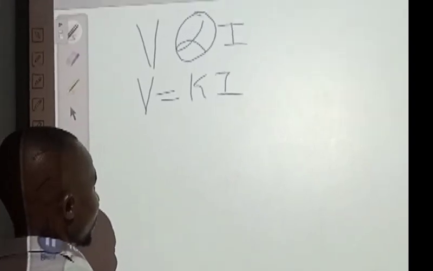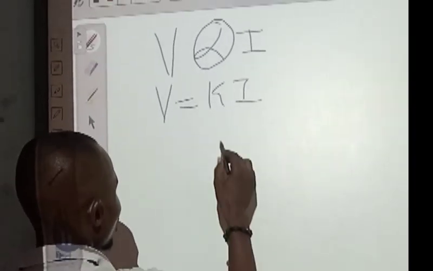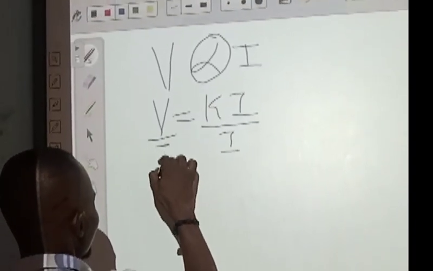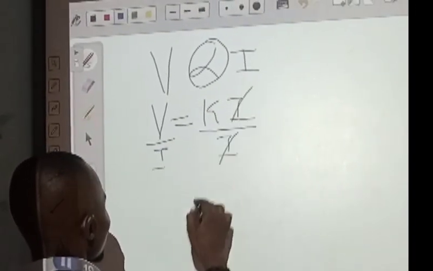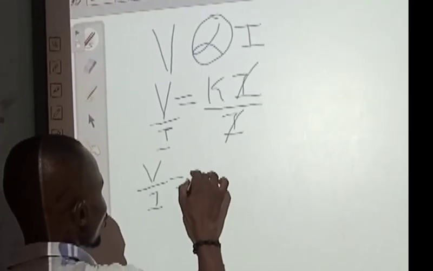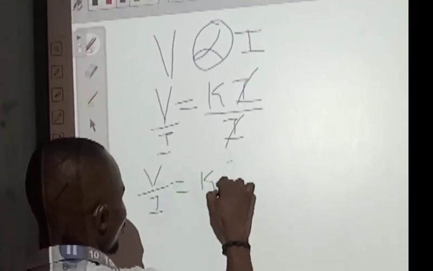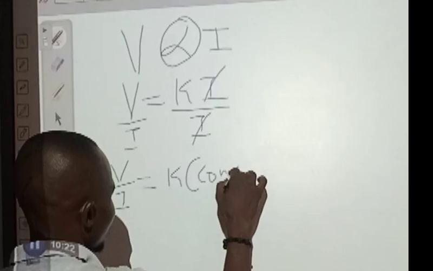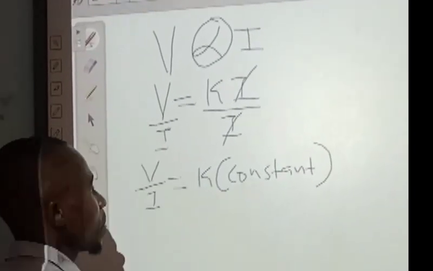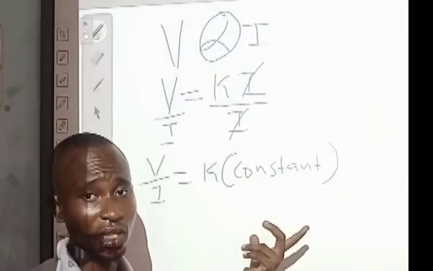Making K the subject, divide both sides by I. This will cancel this. So I have V over I equal to K, which is a constant that we keep.